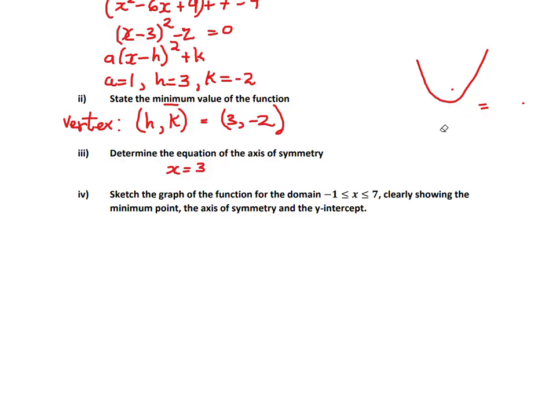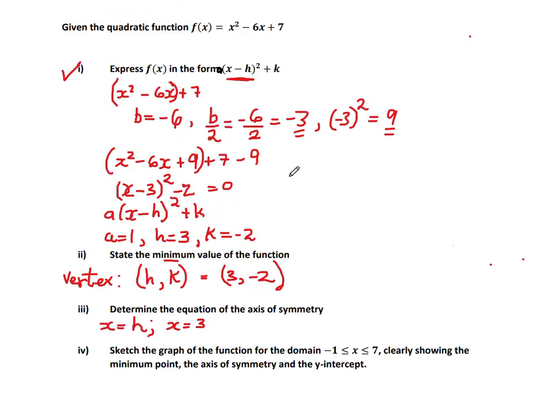Vertical lines have equations expressed in terms of x, and the axis of symmetry will occur at the x coordinate h. So therefore the equation of the axis of symmetry is going to be x equals h. So we can generalize it here. It's always x equals h that will be the equation of the axis of symmetry, which is simply x equals 3 to be more specific.